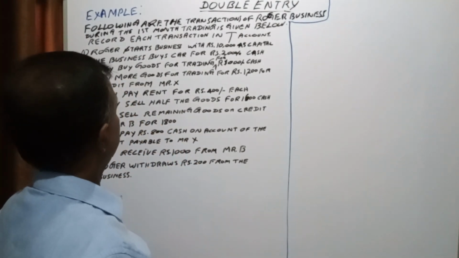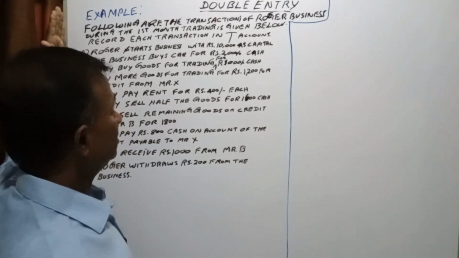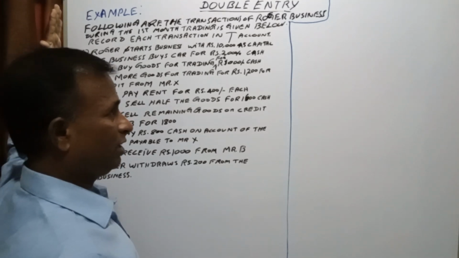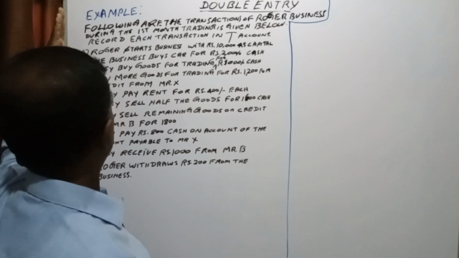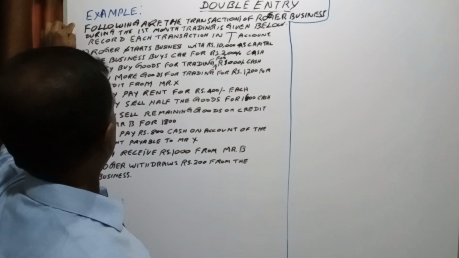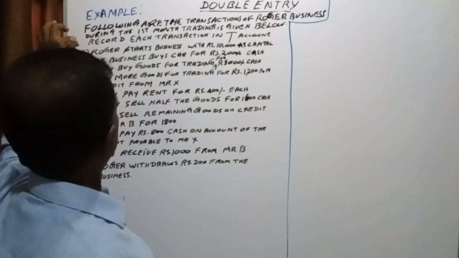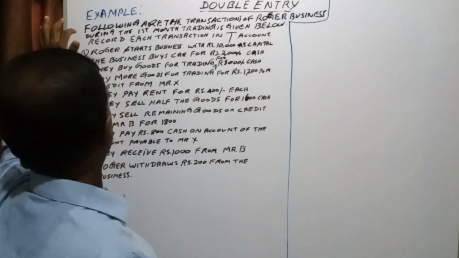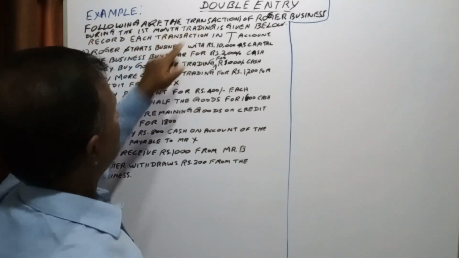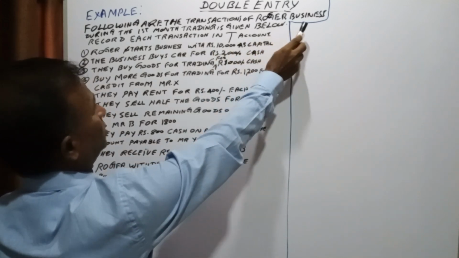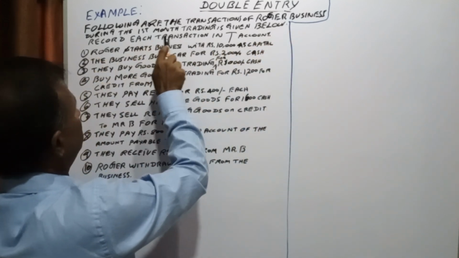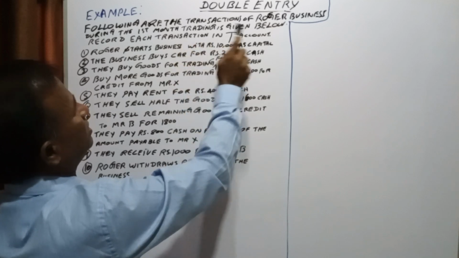First of all, read the question very carefully and see how to answer. First, identify what the answer is, what their requirement is. Following are the transactions of the Roger business during the first month of trading.